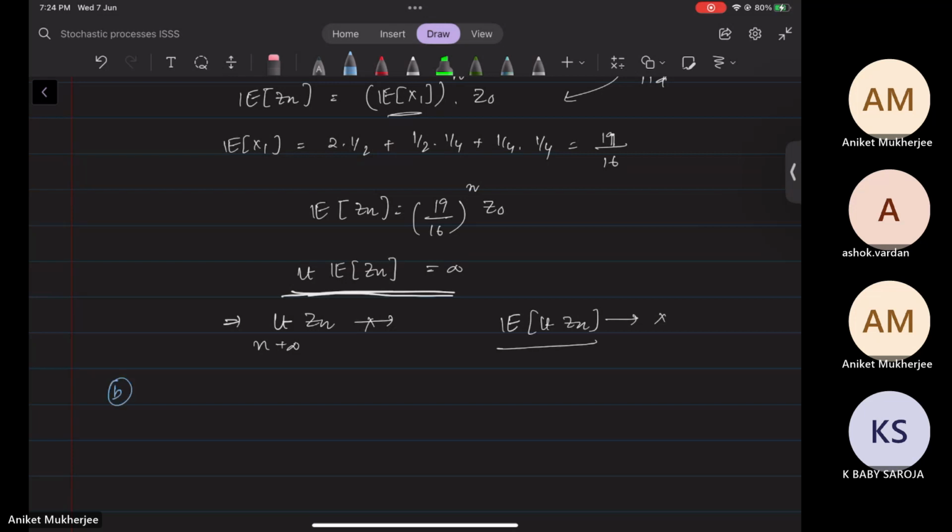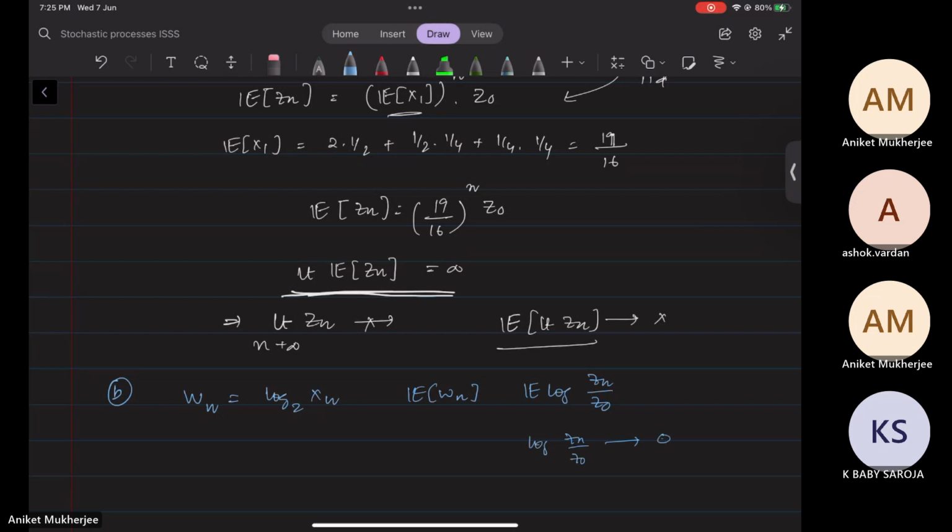So to say something about the mosquito control program, we will try to find Wn, which is log 2 Xn, and we'll find the expectation of Wn and the expectation of log Zn by Z0. From this, we'll show that log Zn by Z0 converges to some number.